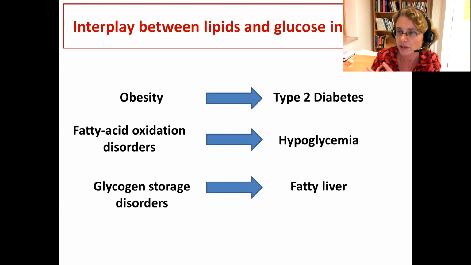So they give us a lot of insight into how this interplay between lipids and carbohydrates works. At the same time, we hope to give back something to these children and their parents with very severe diseases.